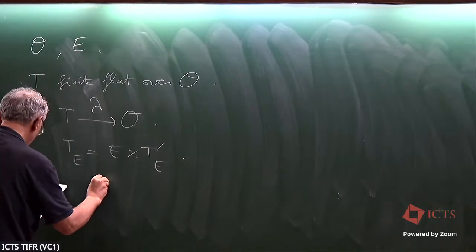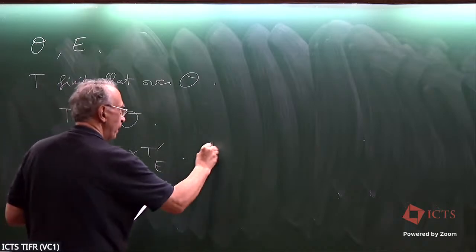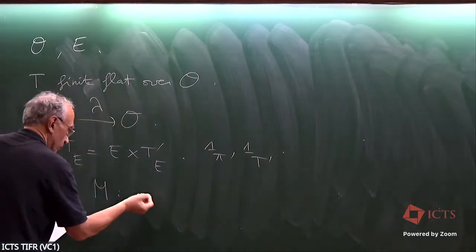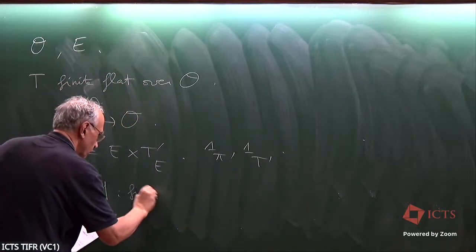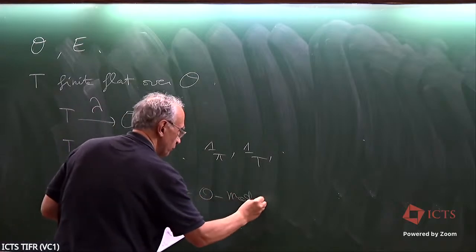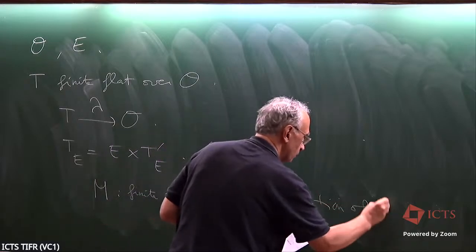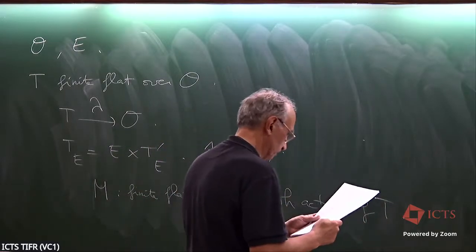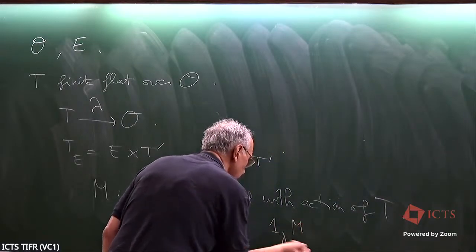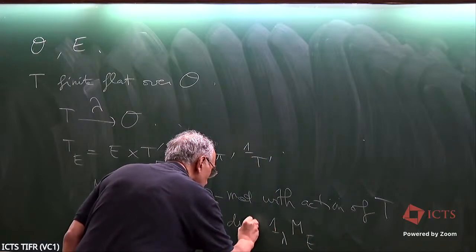And we have a module, M. So we have lambda and T prime. M is a finite flat O-module with action of T. And we assume that M lambda, that is M_E, has dimension 1.